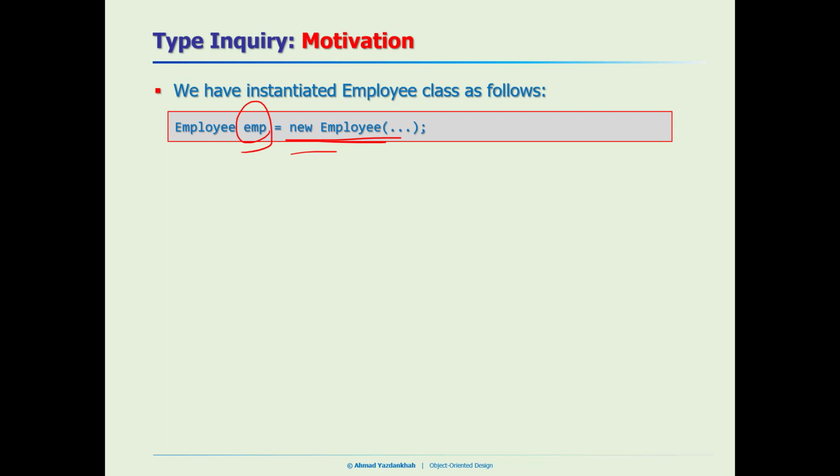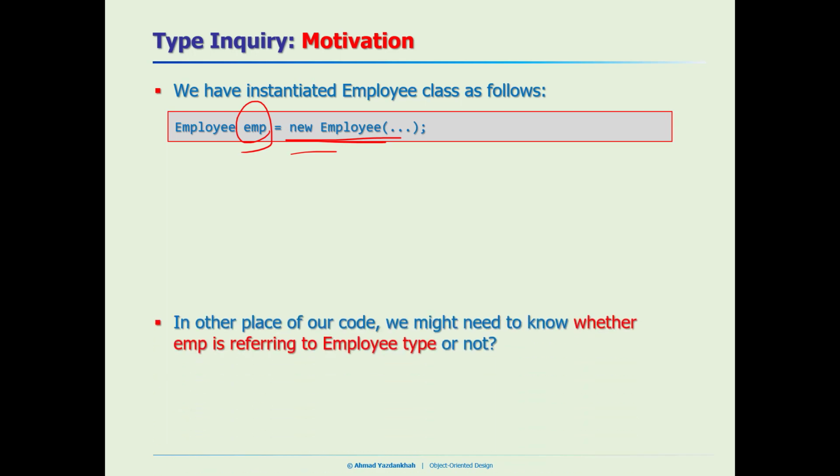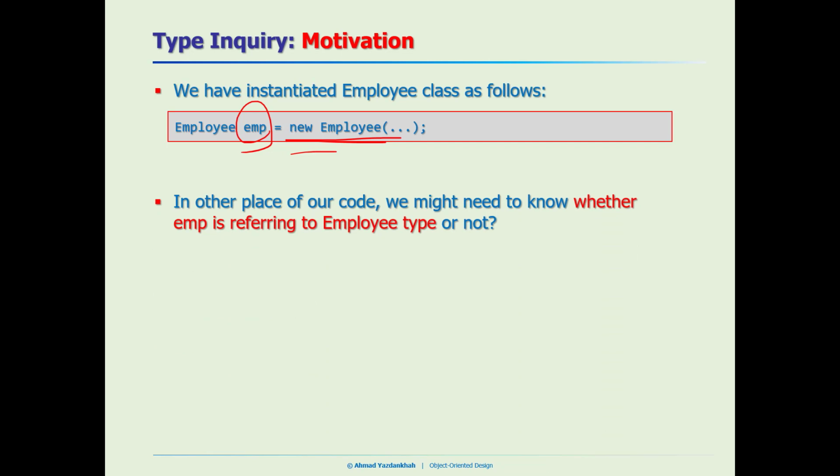In another part of the code, let's say that we want to know whether or not this employee variable is of type employee. Or we want to inquire what is the type of this employee. Is it this kind of object or not?